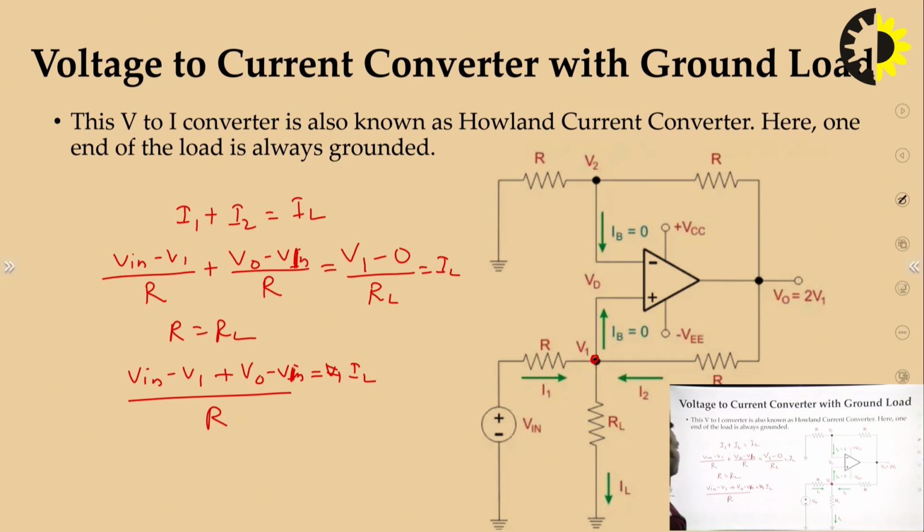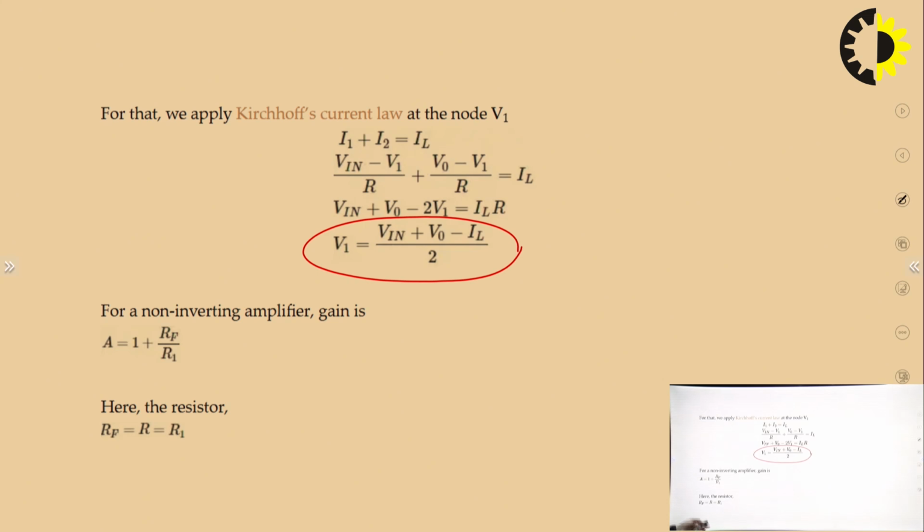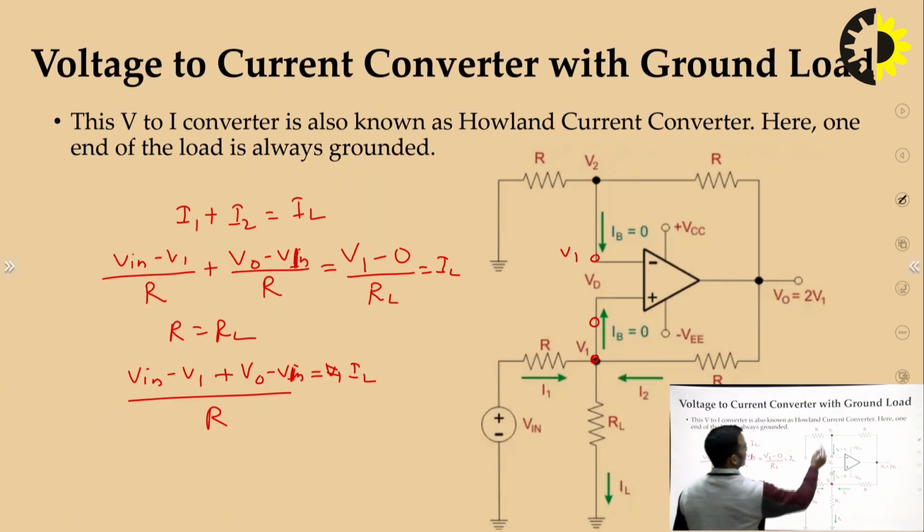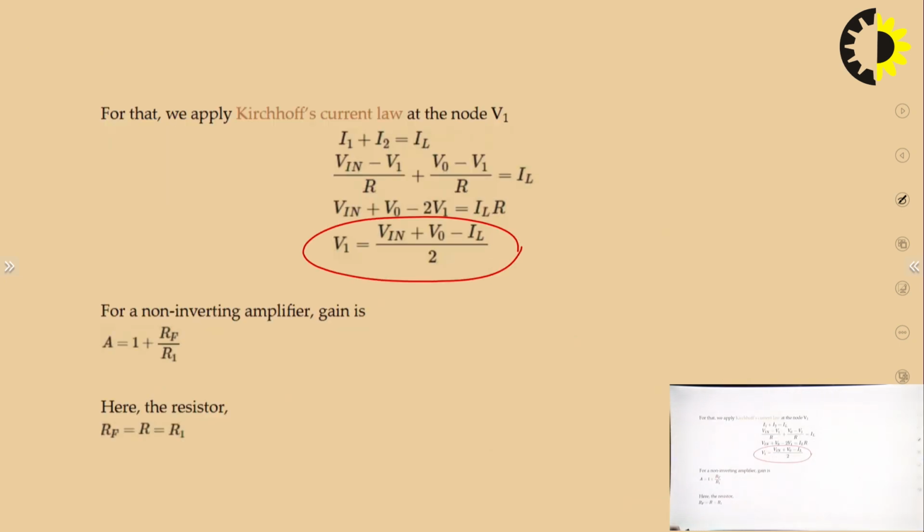Now, we know the value of V1, the same value will appear here, and the gain of this amplifier will be 1 plus RF upon R1. So, you can simply multiply this value by 1 plus RF upon R1, and if you consider both resistances as equal, then 1 plus RF upon R1 will be equal to 2.